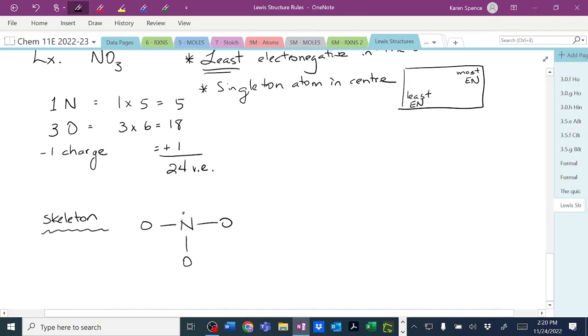We added the lone pairs, so hopefully at some point you had a structure that looked like this. Did you have a structure that looked like this? Hooray! And what did you do next? There are too many, but let's just make sure that we know that there are 3 lines. There are 1, 2, 3, 4, 5, 6, 7, 8, 9, 10 lone pairs.